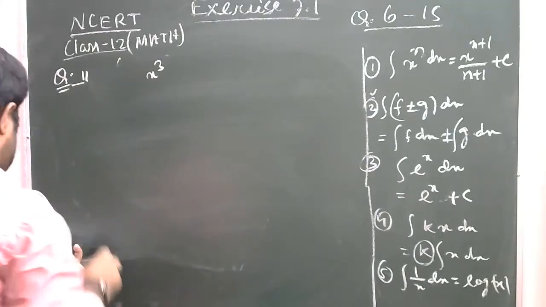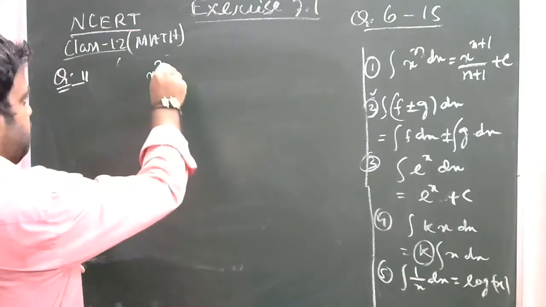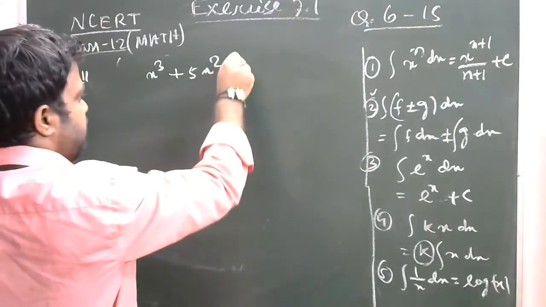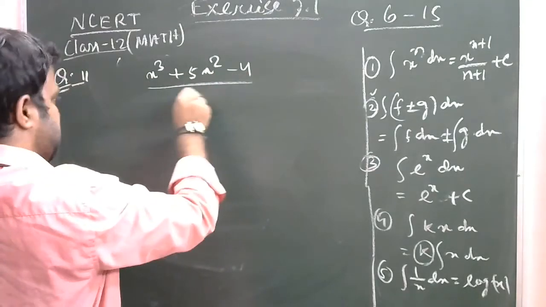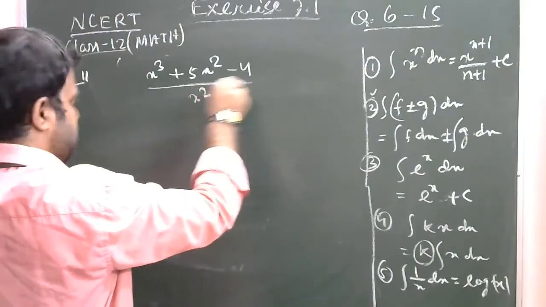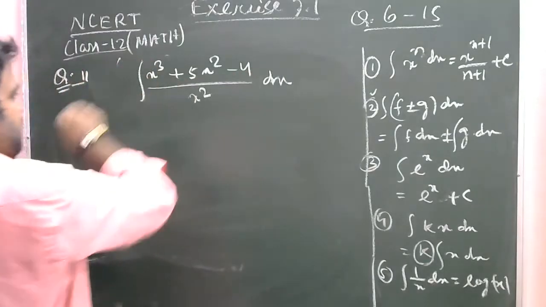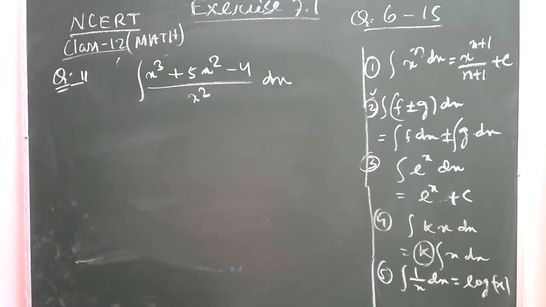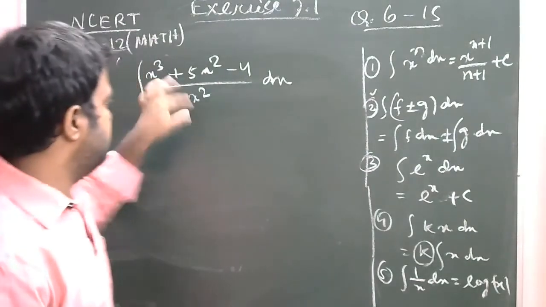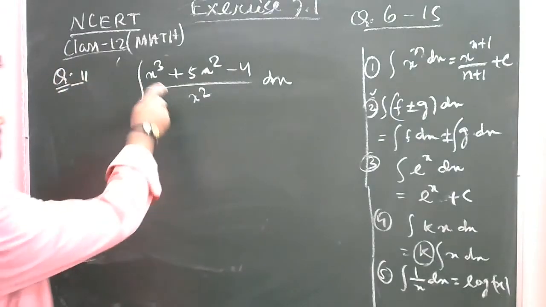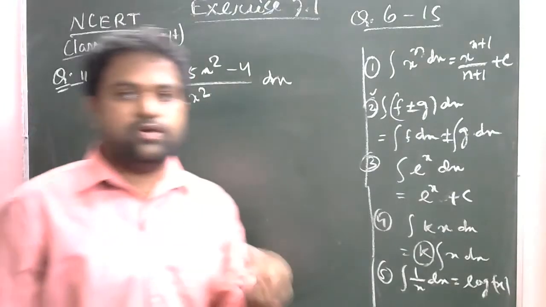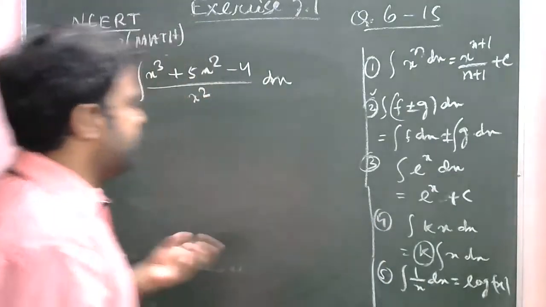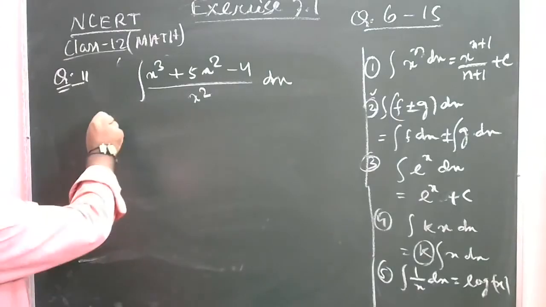Integration of (x cube plus 5x square minus 4) by x square. So what will we do? Just divide it. By looking at the problem, you have to think how you will proceed, so that it can be easily simplified, or we can use our base formulas.